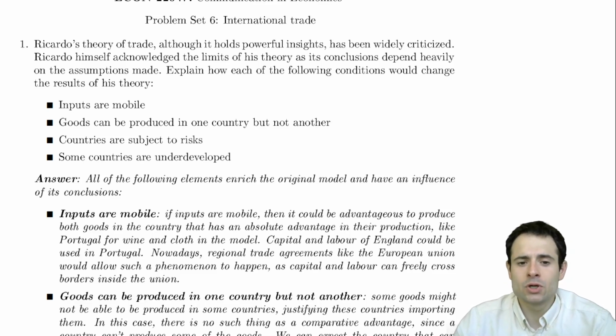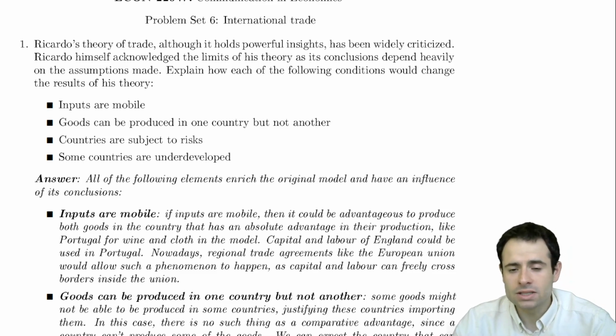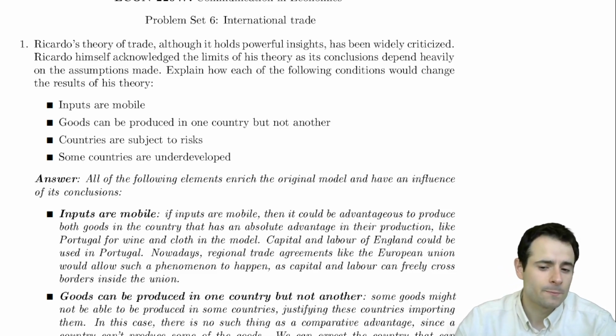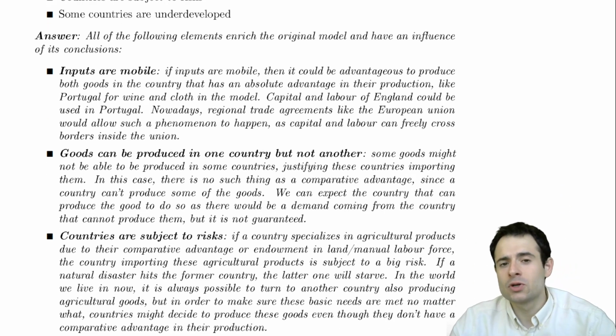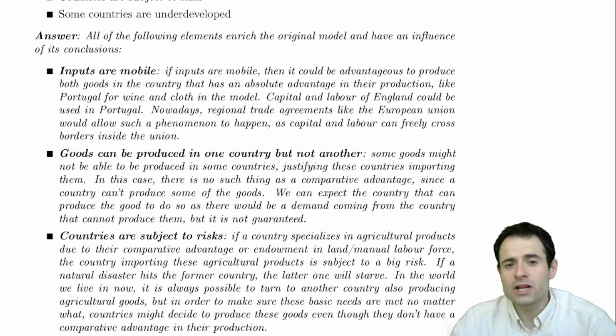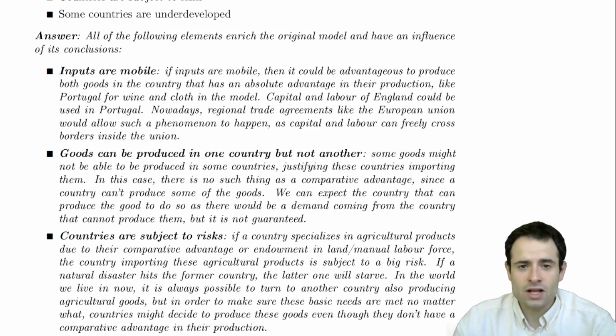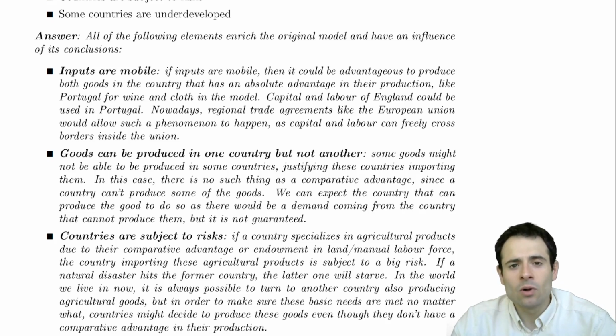What if goods can be produced in one country, but not another? Some goods might not be able to be produced in some countries, which might justify why these countries are importing them. A typical example, France probably is not able to grow coconuts or pineapples, or maybe Sweden.